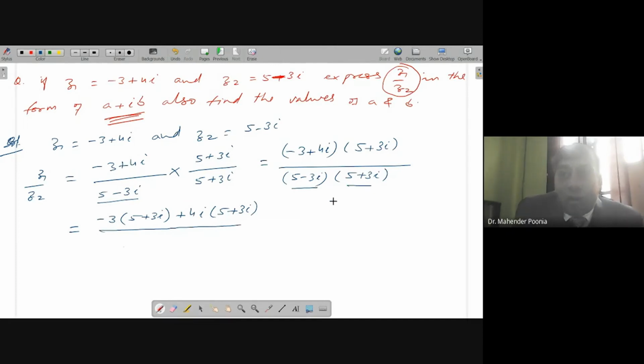What will be the formula of a minus b into a plus b?